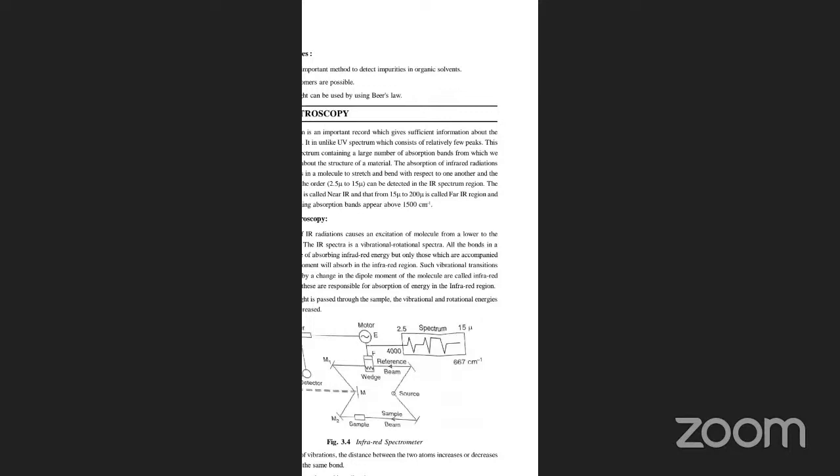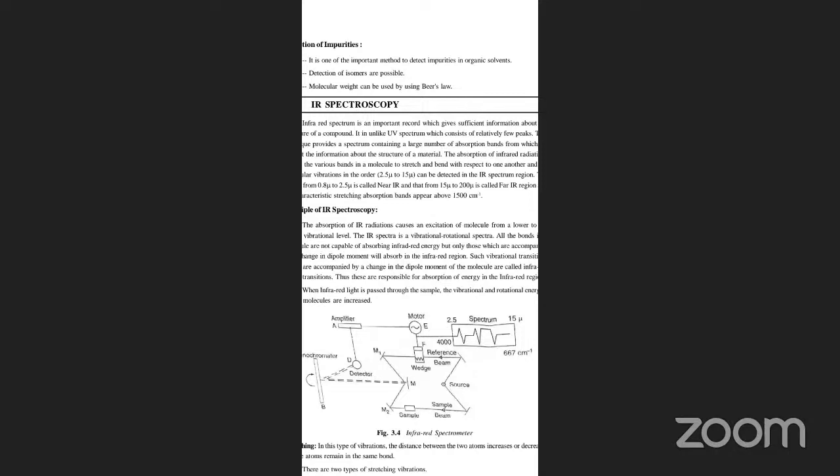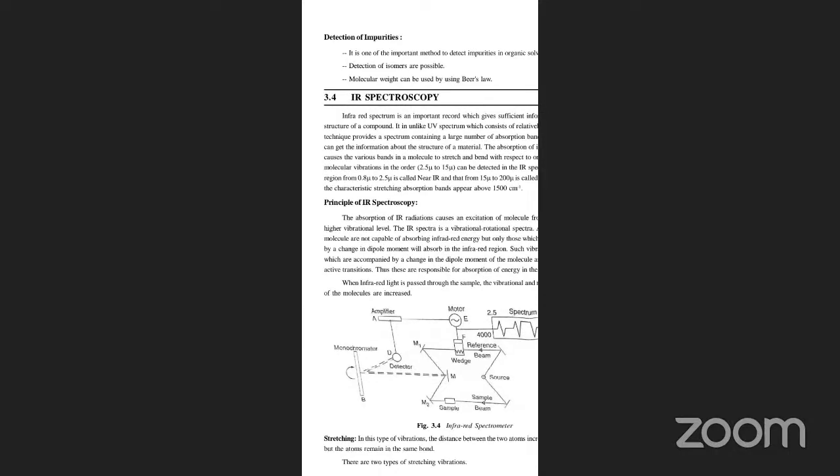Principle of IR spectroscopy. The absorption of IR radiation causes an excitation of a molecule from a lower to a higher vibrational level. The IR spectrum is a vibrational-rotational spectrum. All the bonds in a molecule are not capable of absorbing infrared energy, but only those which are accompanied by a change in dipole moment will absorb in the infrared region.